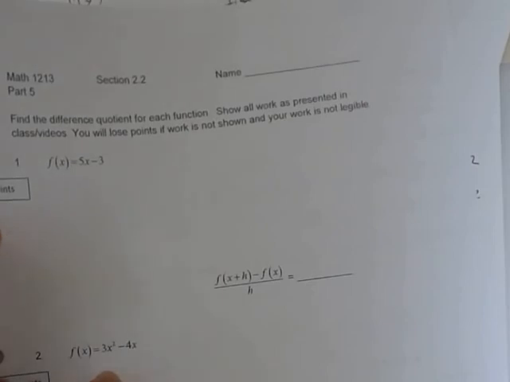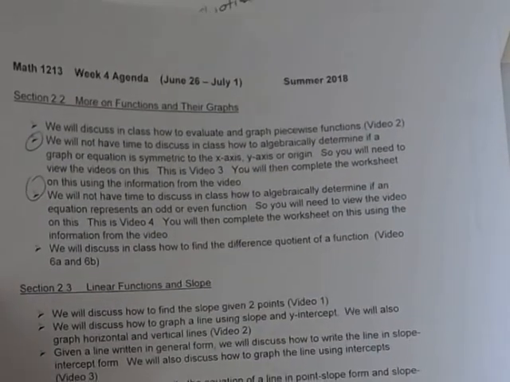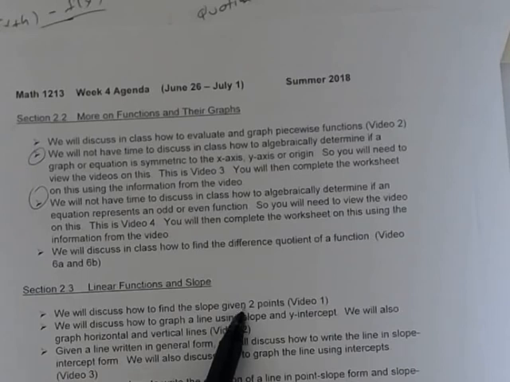Now, the next thing we're going to do is this. You did this last semester. So tomorrow we're going to start looking at this. This should be a review for the most part because you had this in Math 98.